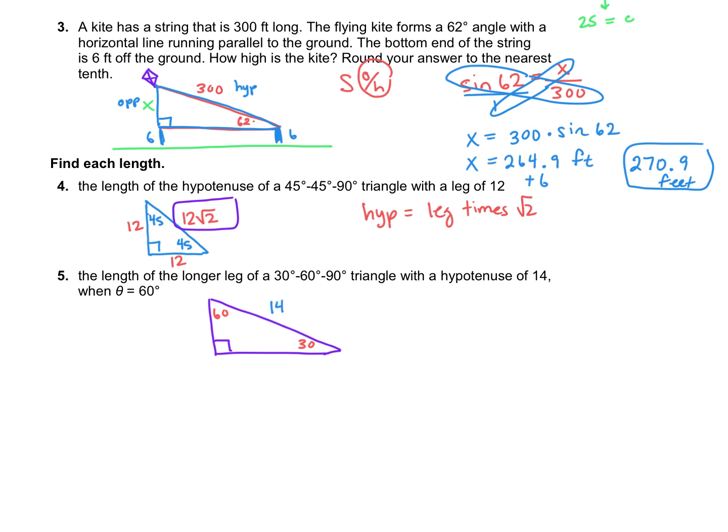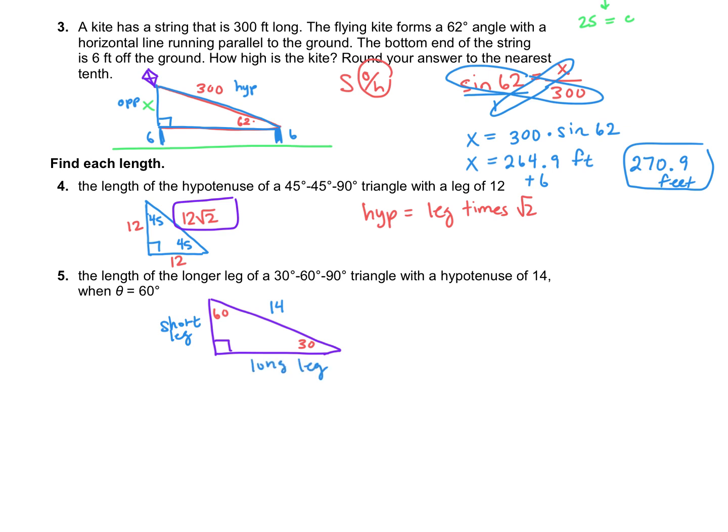Depending on how accurately you draw your picture, it might be easy to spot the short leg or it might be kind of tricky to spot the short leg. All you have to do is find your 30-degree angle. If you go across the triangle, that is the short leg. So I'm just going to label, that's the short leg across from the 30, which means the long leg is across the triangle from the 60.